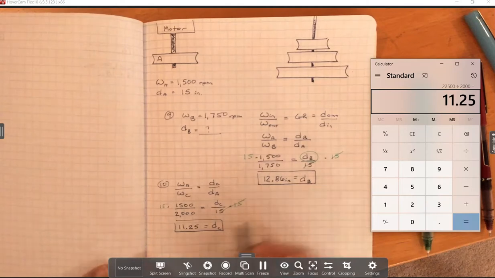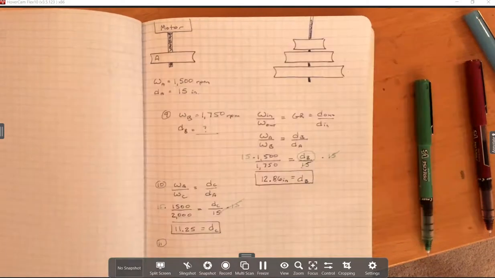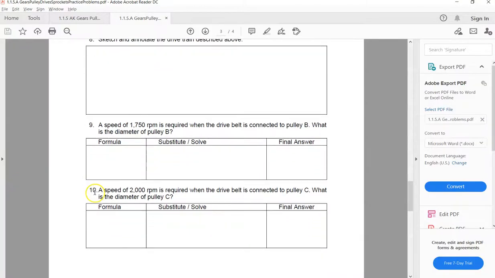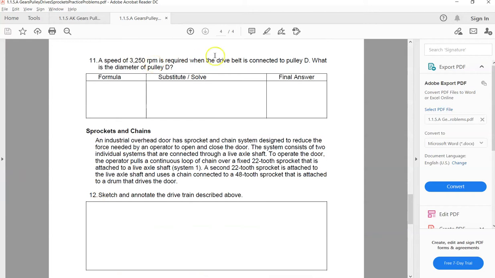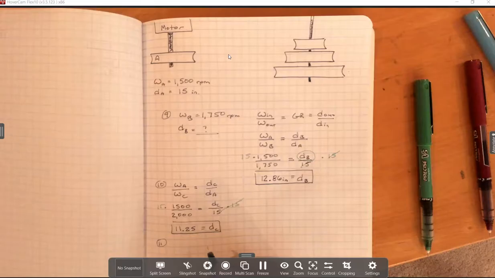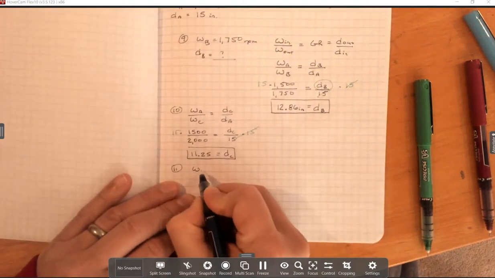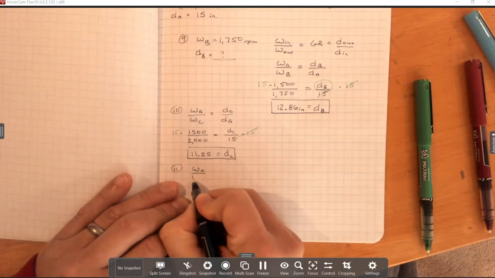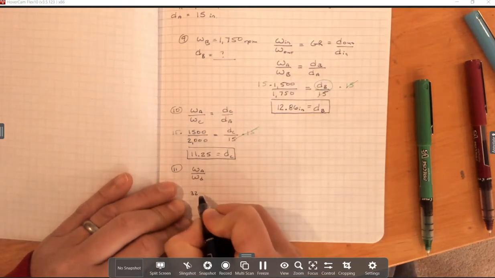And lastly, number 11, it's the same thing. Well, let's get back to the handout. What did they give you? I forget. 3250 is the required RPMs at D. So we're going to have the angular velocity at D, and that's going to be 3250.